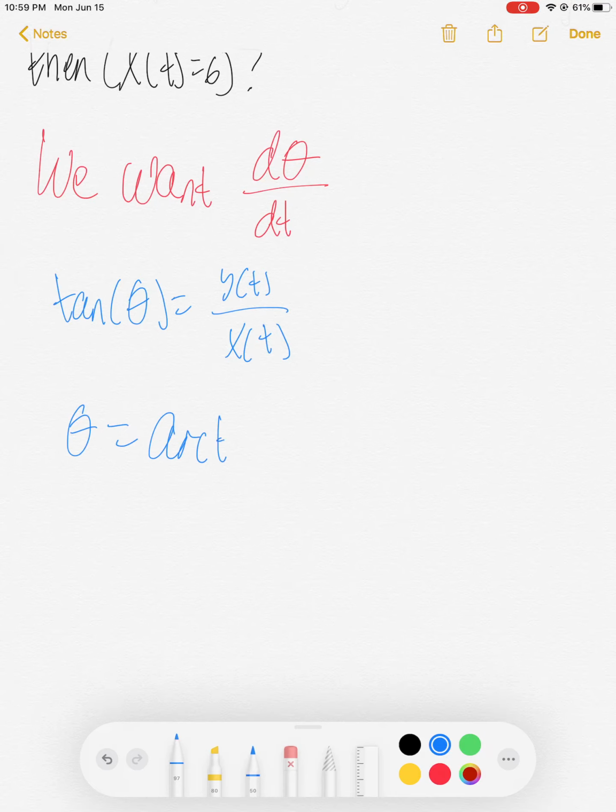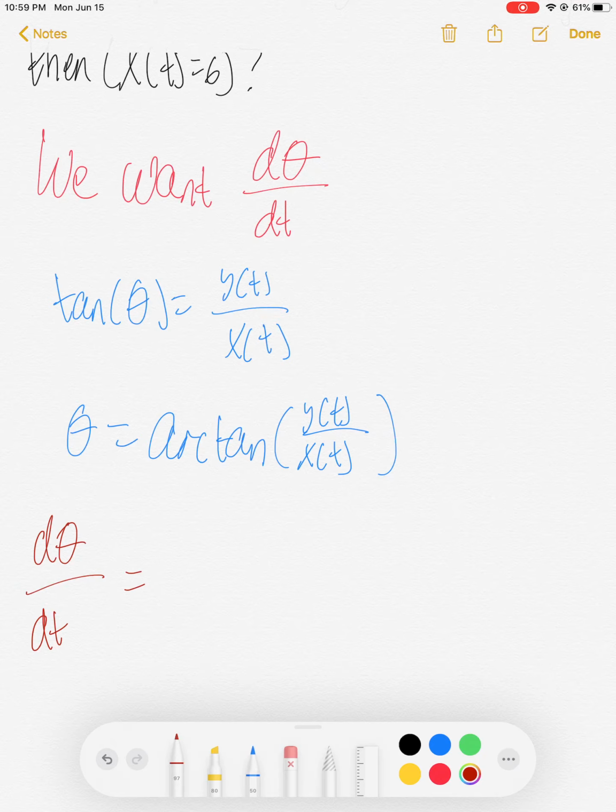So here we want d theta dt, and we just found that tangent of theta was y of t over x of t, which means that to solve for theta, if I take arctangent of both sides, then I'm going to get theta equals arctan of y of t over x of t.